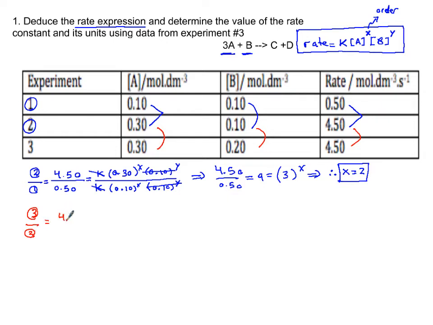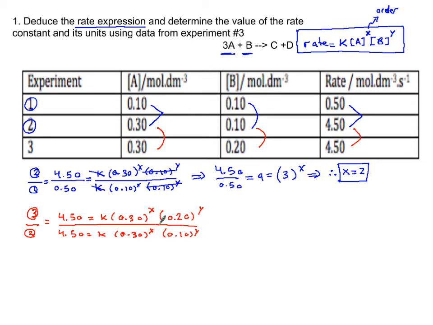The rate is 4.50 equals k times 0.30 raised to power x, times 0.20 raised to power y, divided by experiment number 2, the rate is 4.50 as well, equals k times the constant 0.30 to power x, 0.10 to power y.